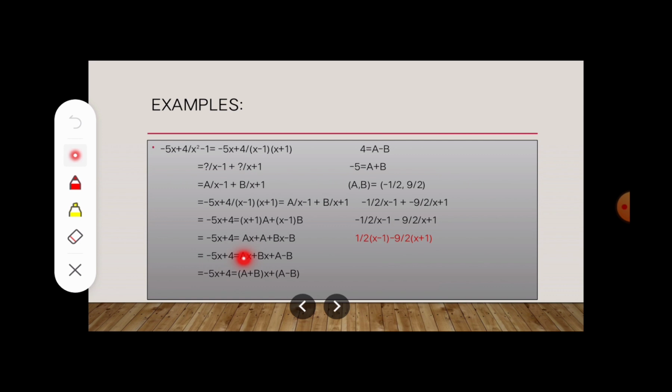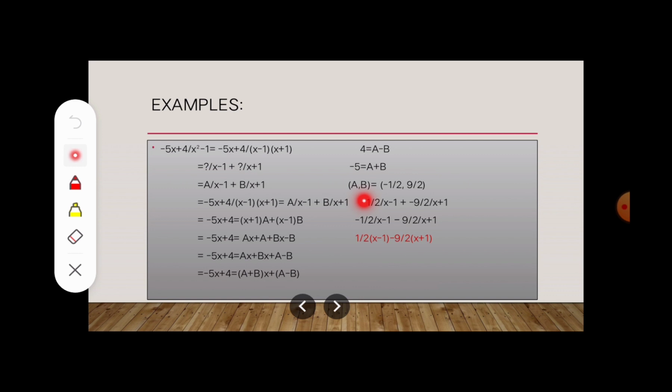Then when two polynomials are equal, their corresponding coefficients must be equal. So we have 4 equals a minus b, then negative 5 equals a plus b, and solve the system of equations. So we have a and b equal to negative 1/2 and negative 9 over 2.